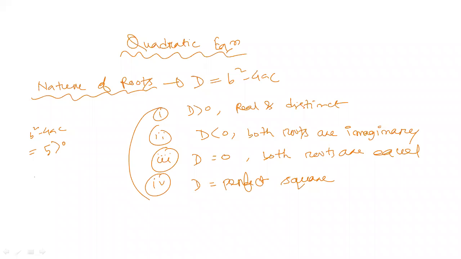Suppose one equation is ax square plus bx plus c equal to 0, and when you find the value of b square minus 4ac you get 5, which is greater than 0. So the roots are real and distinct. That means the value of x may be rational or irrational.